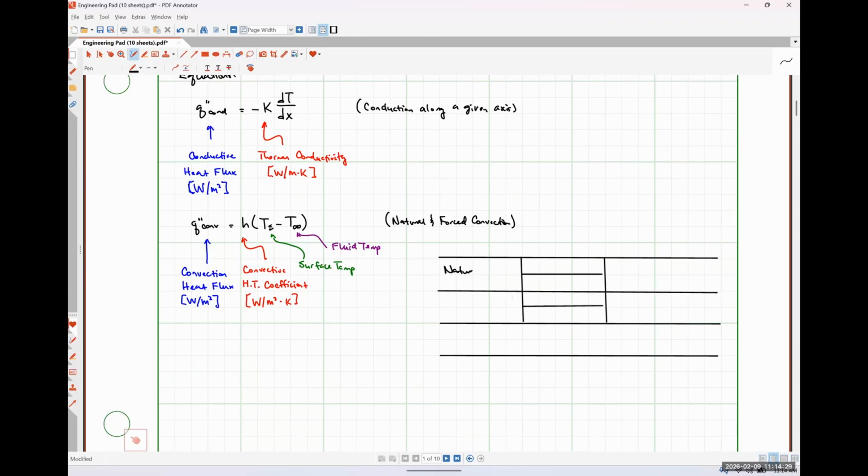So this bit will be for natural convection in both gases and liquids.